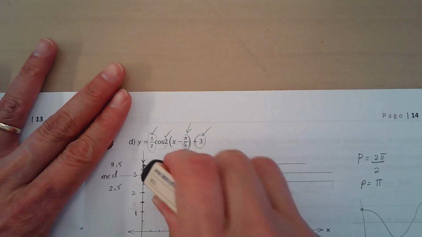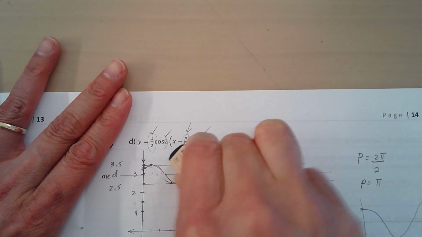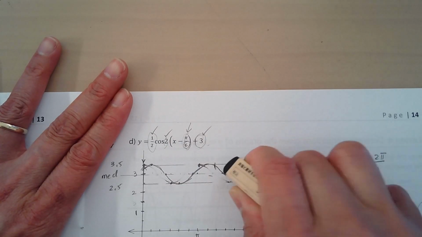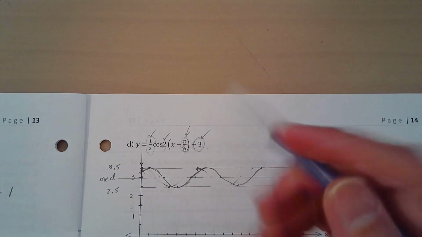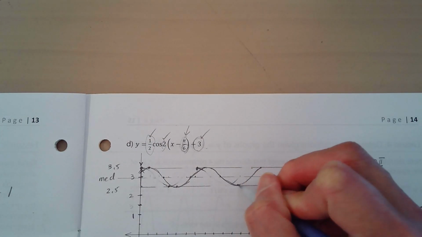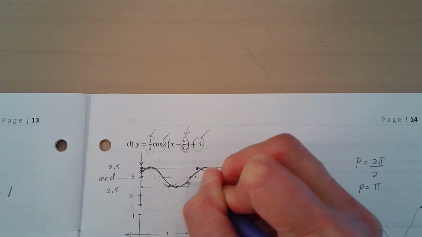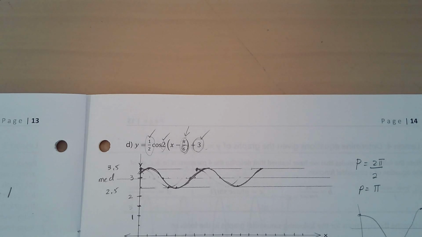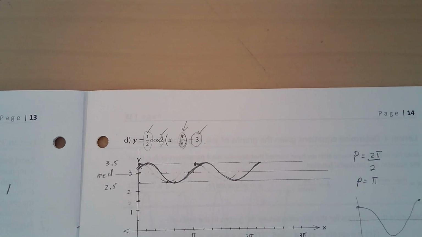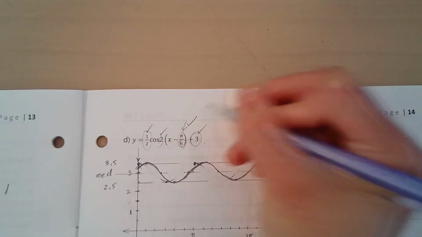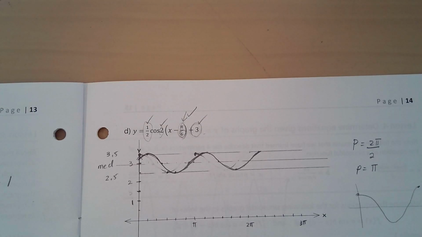Erase the ones that you don't need. Is that okay? So then we did this one last. So everything is shifted pi over 6 to the right.